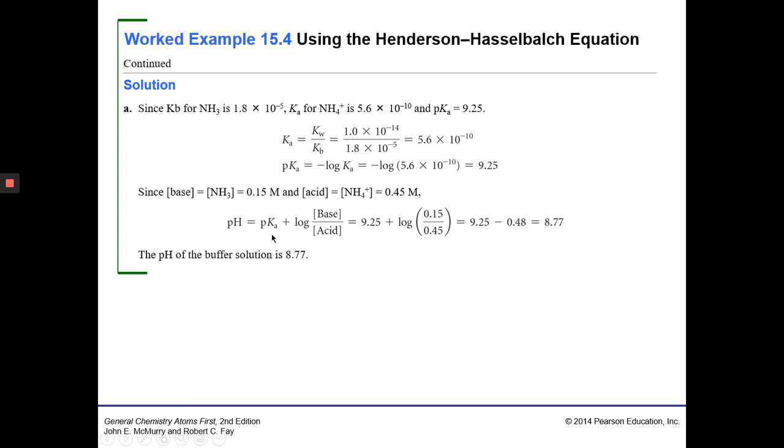Actually, the Kb of ammonia is listed, and then we would have to calculate the pKb, and we can subtract that from 14 to get the pKa of ammonium. That's 9.25. And solving this equation, the log of 0.15 over 0.45 is minus 0.48. So our pH is 8.77.